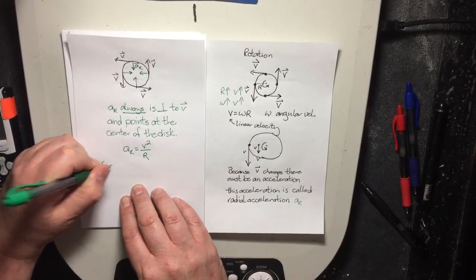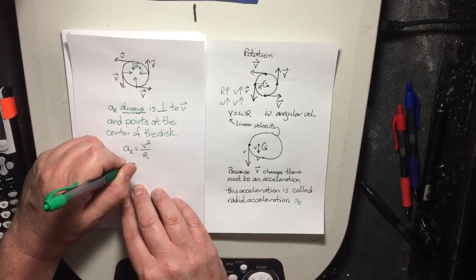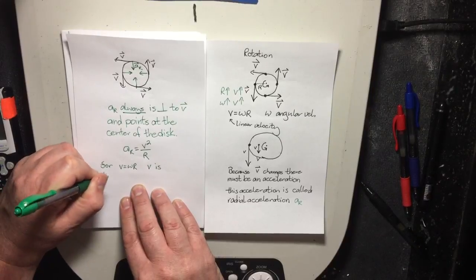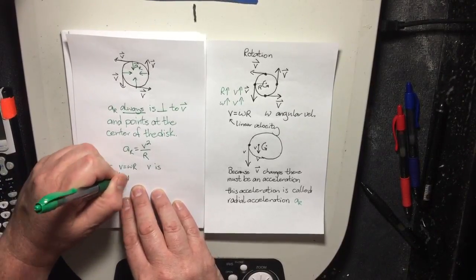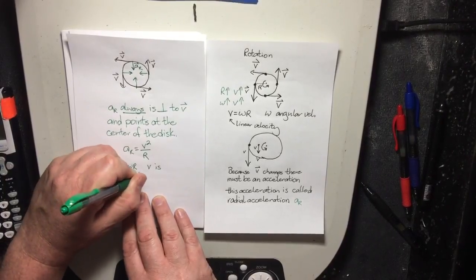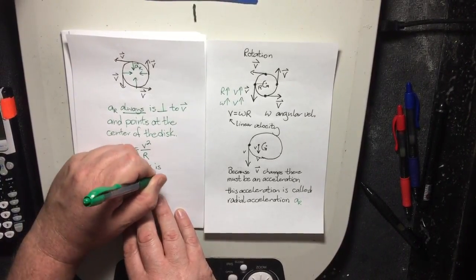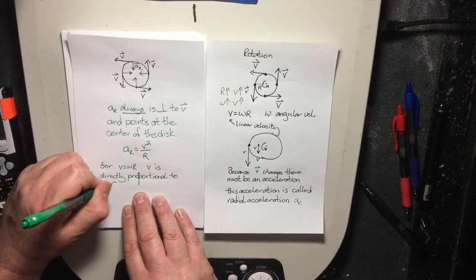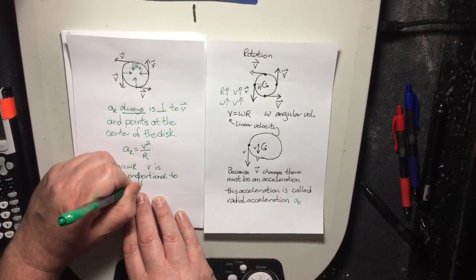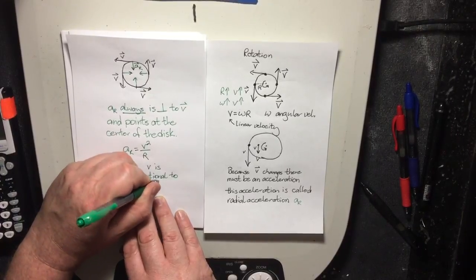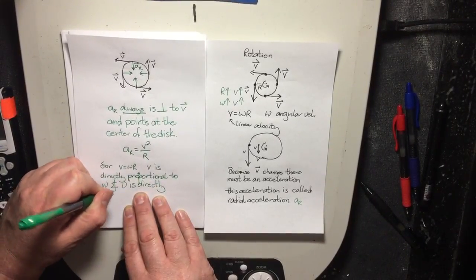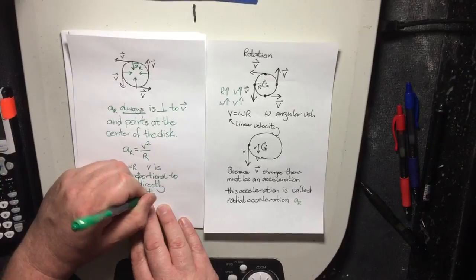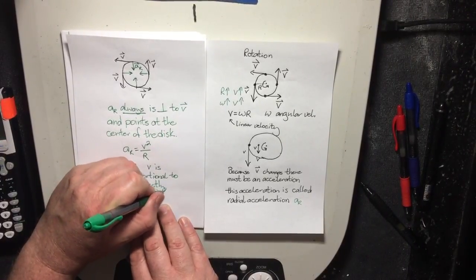For v equals omega r, v is directly proportional to omega, and v is directly proportional to r.